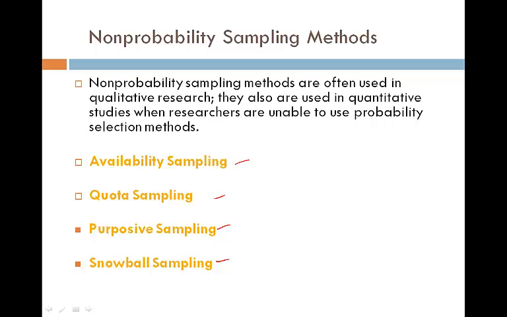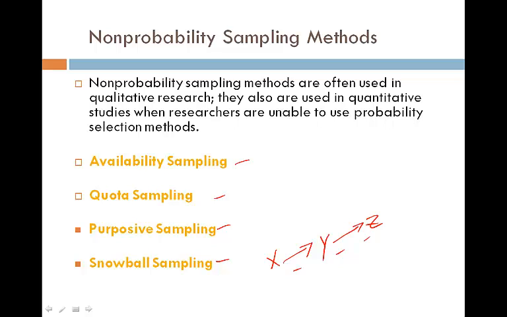Purposive sampling, where we specifically select a certain group or type of people. Snowball sampling is that we first find person X, and X can introduce Y, and Y can introduce Z, and so on and so forth. We can select what we want to survey and study.